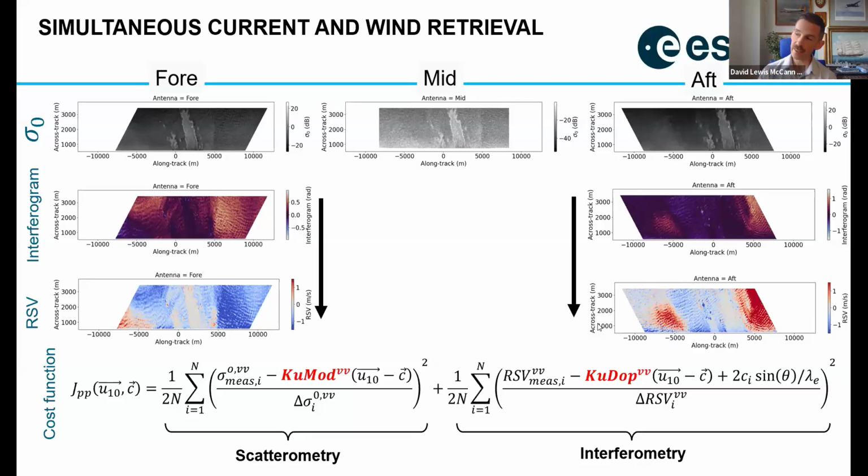And then for the interferometry, this is the tricky part. For the Doppler velocity, the so-called wind wave artifact surface velocity, WASV, we need to model the predicted motion of the scatterers for a given geophysical condition and take this away from our measured observed surface motion in order to get a current.